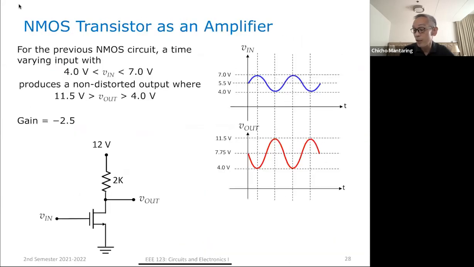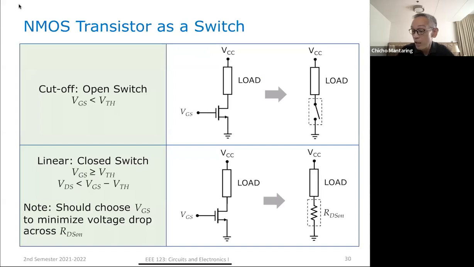Excuse me again for forwarding. Okay, to operate it in the linear region, we have to make sure, of course, that VGS is greater than or equal to VTH. That goes without saying. And then we have to make sure that it is left of that line defining the transition from linear to saturation. So VDS has to be less than VGS minus VTH.